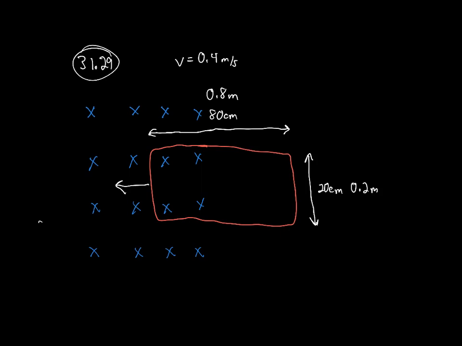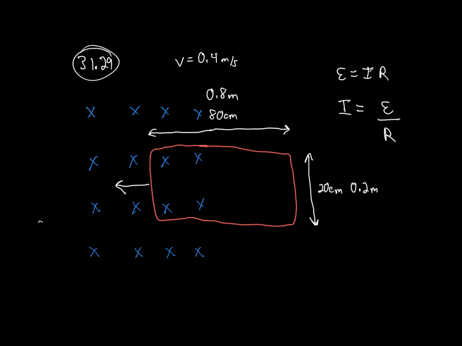When we were finding induced current in the other problem, we used Ohm's law. Induced EMF is equal to I times R. Ohm's law, V equals I times R. If I can find the EMF that's induced, I can find the current if I know the resistance. So the induced current is the induced EMF divided by the resistance in this wire.